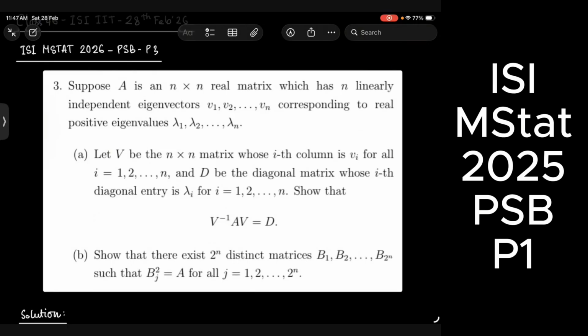No, I have not tried. I have only seen the paper, but I have not solved the questions. Okay. Just read out the question. Take 2 minutes. Then we will start solving the problems.